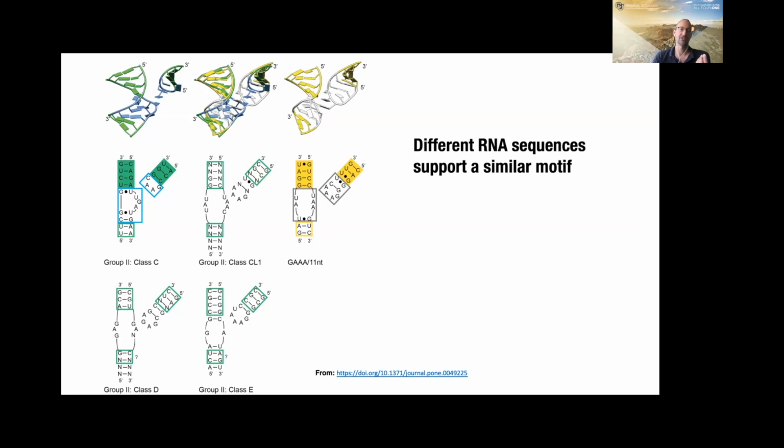So people have shown here the secondary structure, right, green with a boxed-in blue shown up here in 3D, and then a different one here, and yet a different one there, and some others below. And then you superimpose the structures of all of these. And you can see that, yeah, it's pretty much the same, even though the sequence is completely different, or vastly different between the loop and the receptor. So different sequences can support the existence of the same motif.